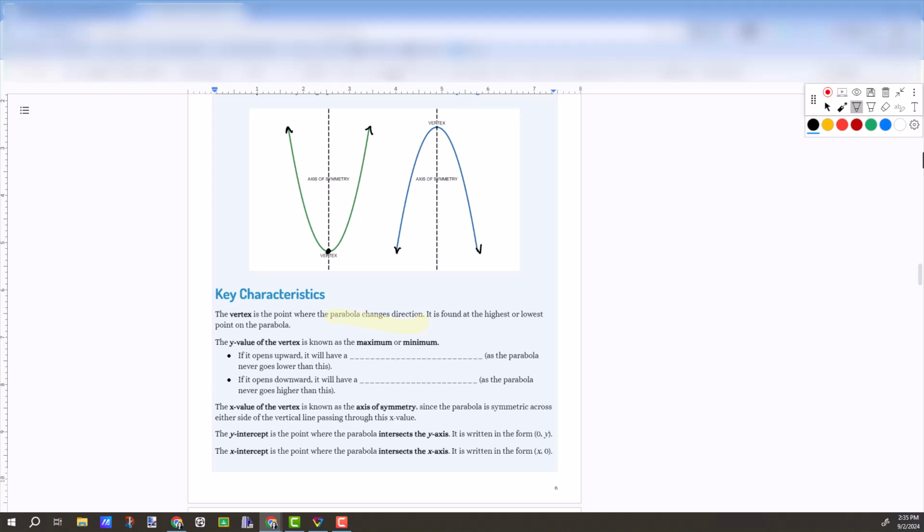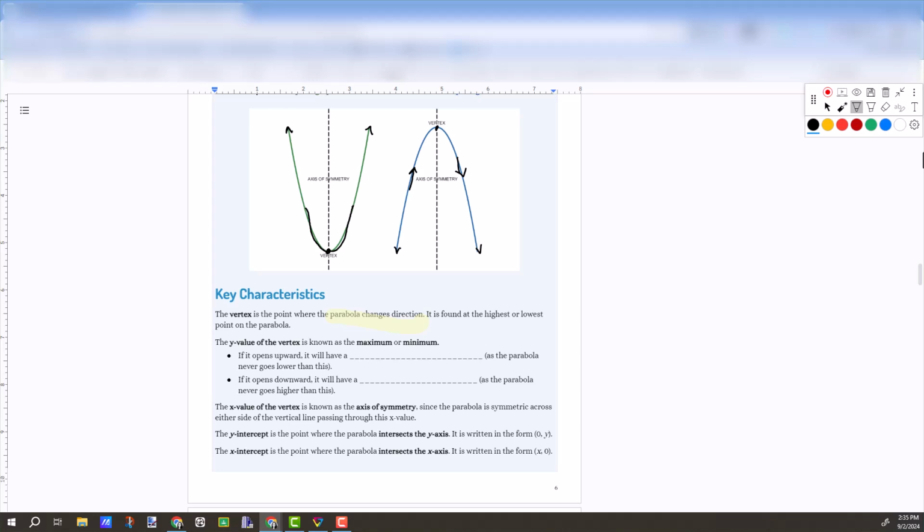And notice this is sloping down and to the right, and then it starts going up and to the right. Whereas for this one right here, it starts by going up and to the right before it gets to the vertex, and then down and to the right after it gets past the vertex.